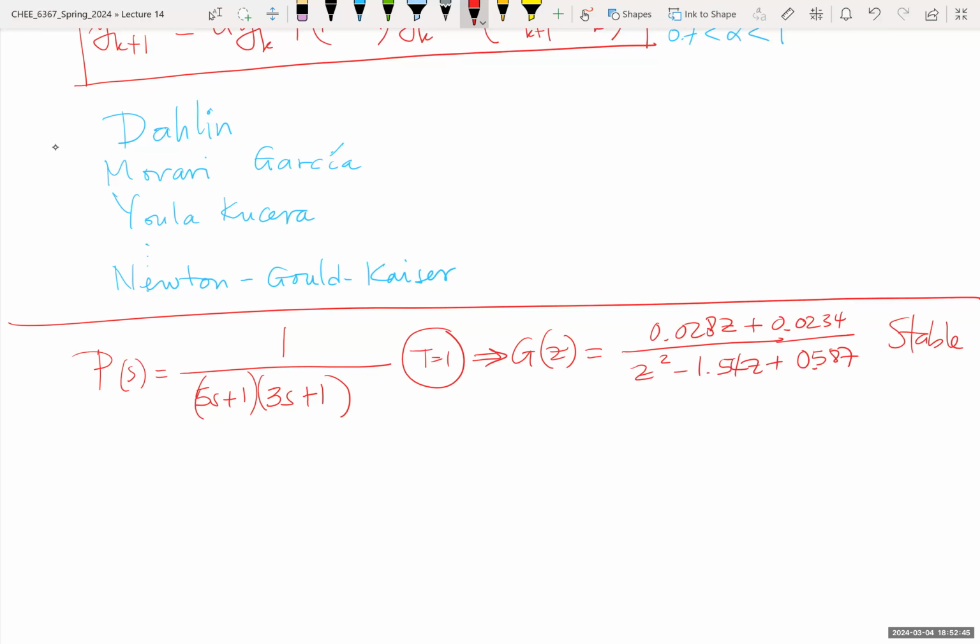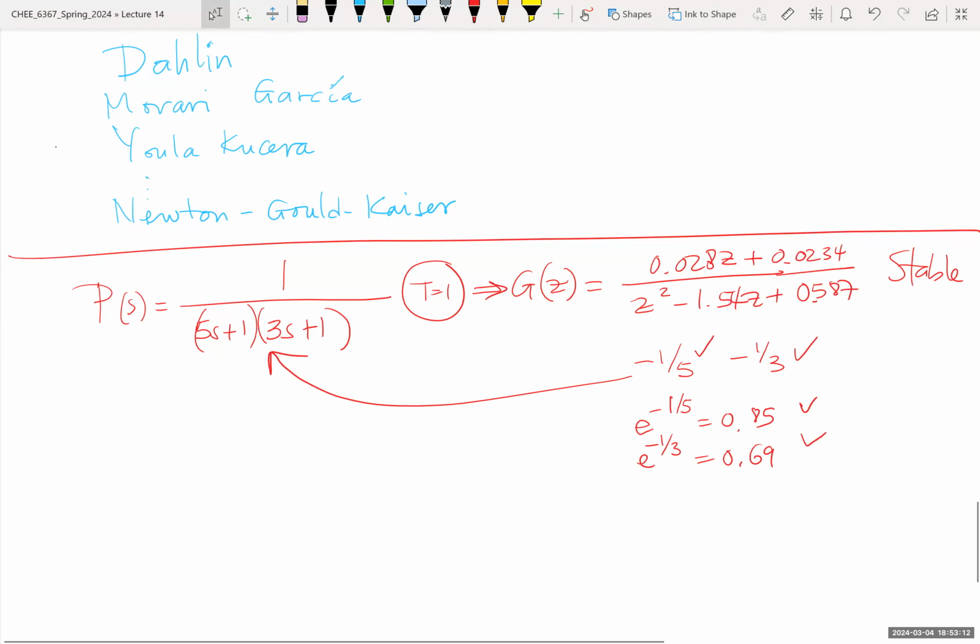Can I invert? Is the inverse stable? Yes, except the poles are at minus 1/5, minus 1/3 in continuous time. And in discrete time, they are e to the minus 1/5, which is 0.85, and e to the minus 1/3, which is 0.69. Stable, stable, stable. Everything is nice and stable.